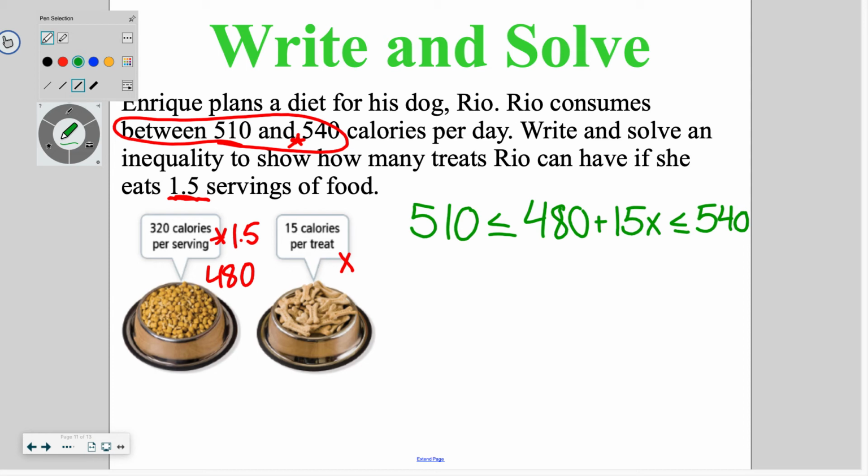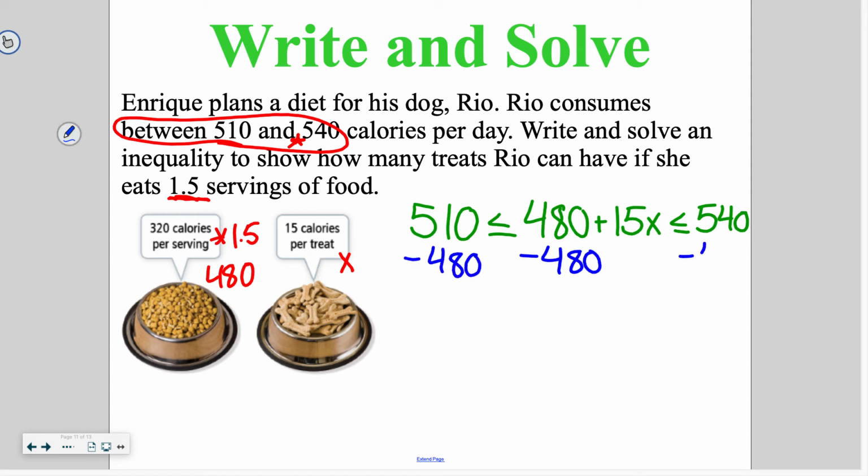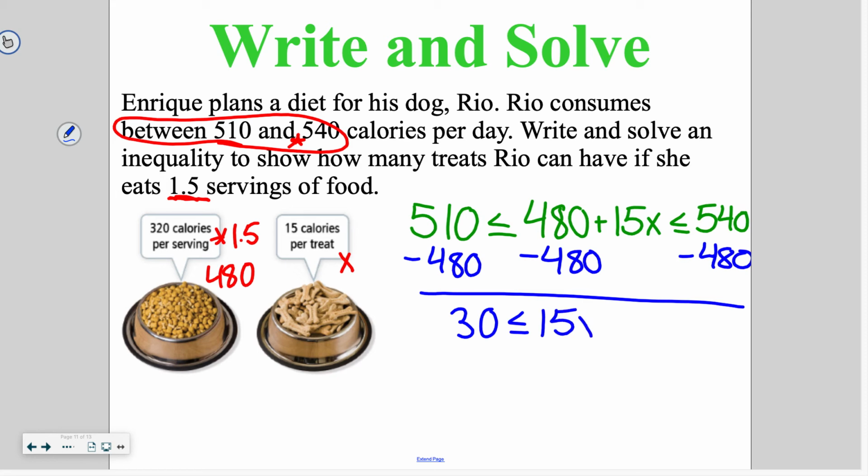Then we're going to go ahead and solve this, remembering since I wrote it as one big inequality, I have to make sure to subtract from all three portions of this inequality. When I do that subtraction, I end up with 30 is less than or equal to 15x, which is less than or equal to 60.